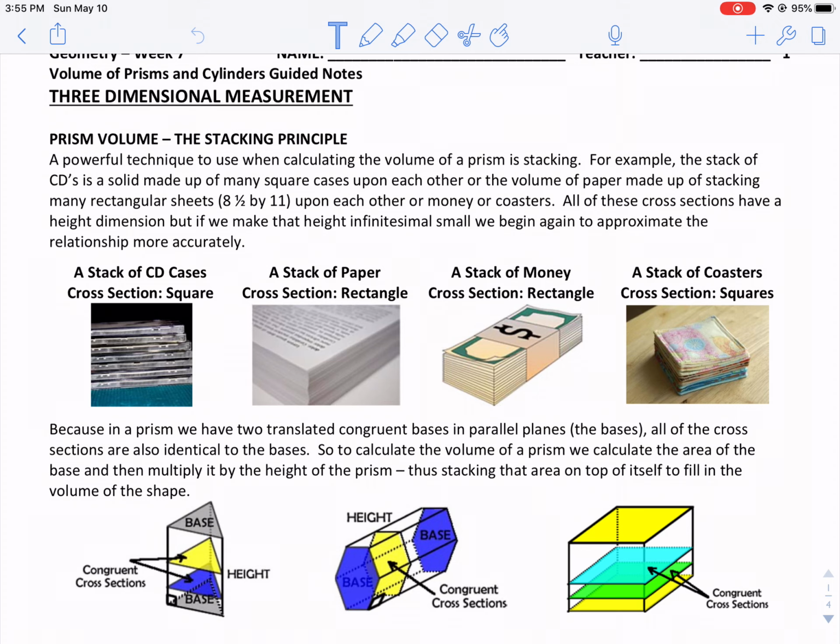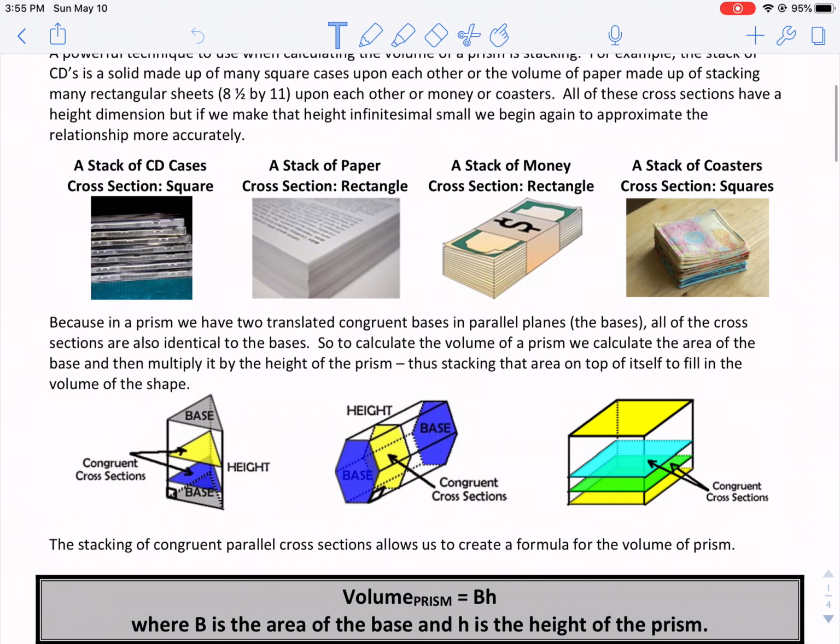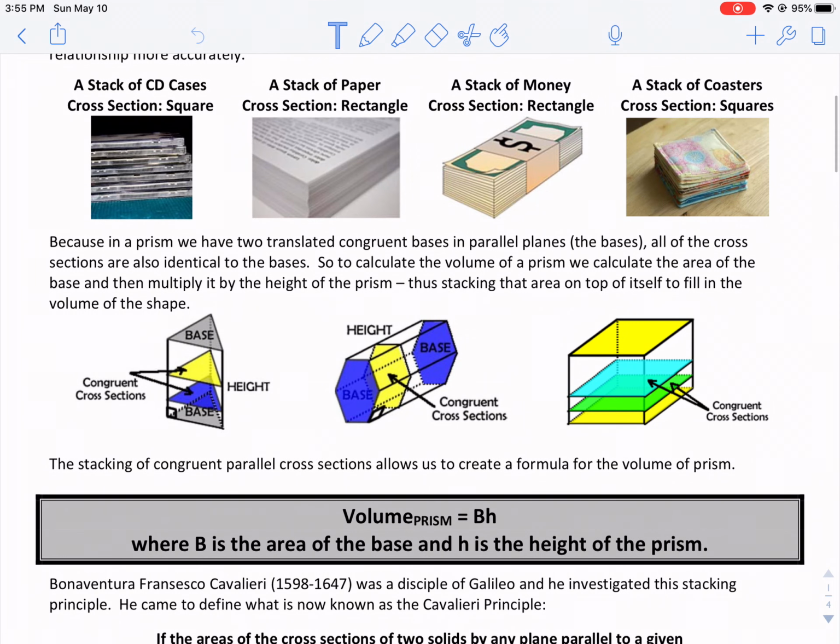As we make those slices smaller and smaller and smaller, that's how they get the volume formula. If we have a prism, basically we are adding the area of each one of these slices. As we keep slicing and make them as small as we possibly can, we don't end up adding anything.